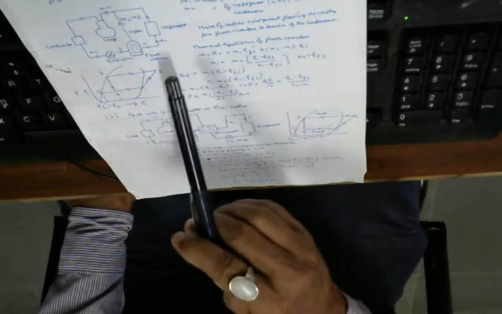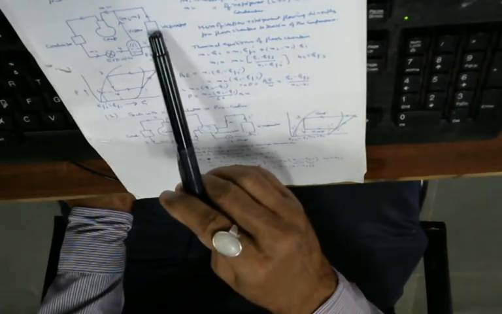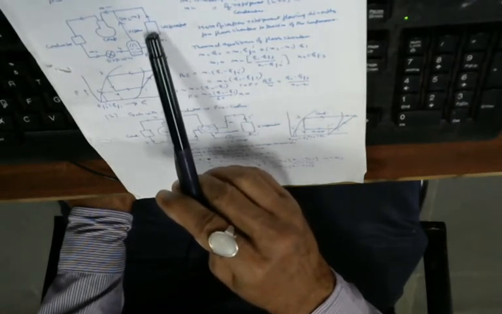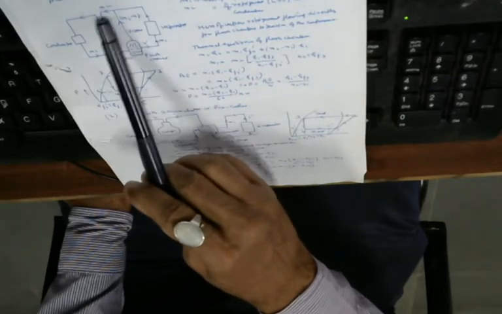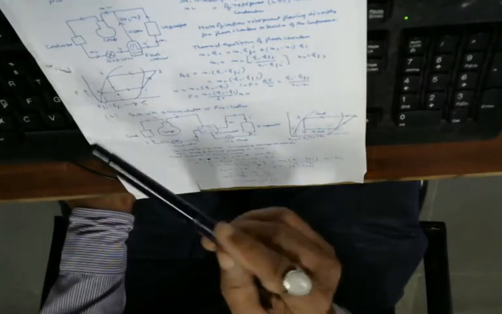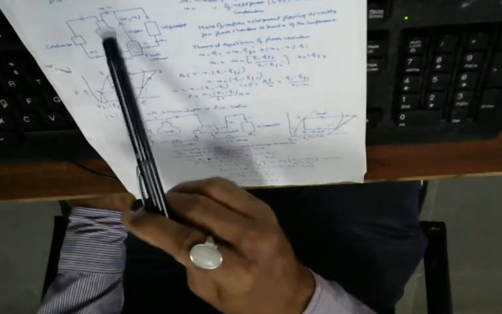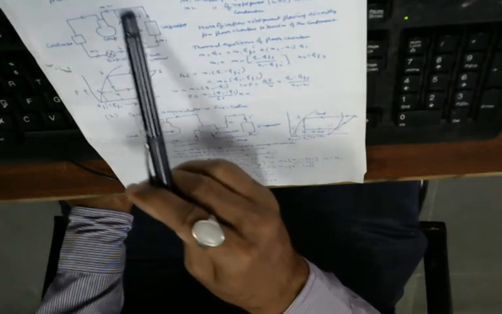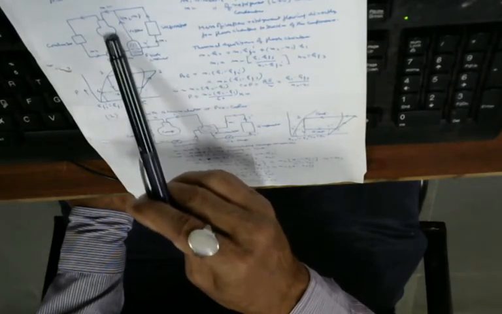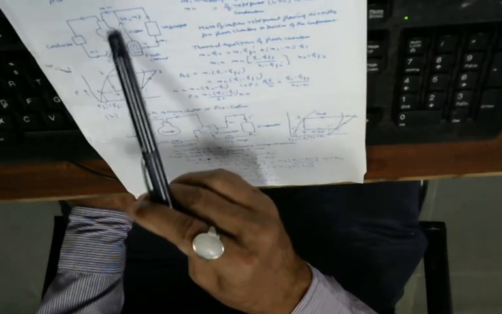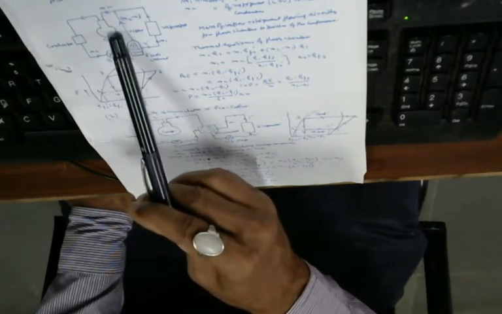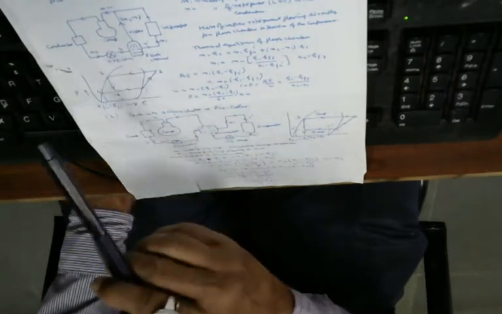So what happens? Some of the liquid refrigerant which is not converted into gas also passes on to the compressor, which is dangerous. Why is it dangerous? Because if the liquid refrigerant enters into the compressor, it will damage the wall of the compressor, the piston ring also, everything is being damaged.